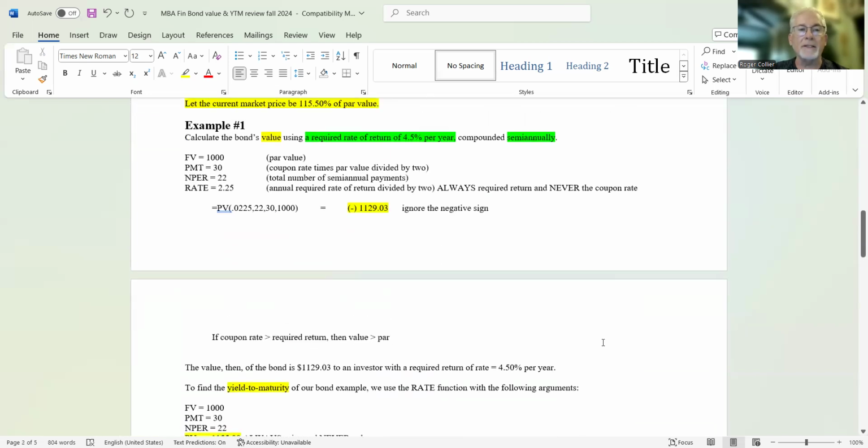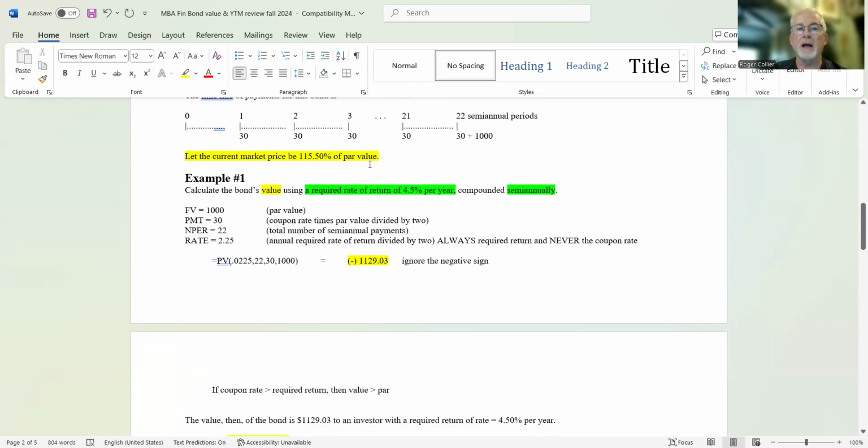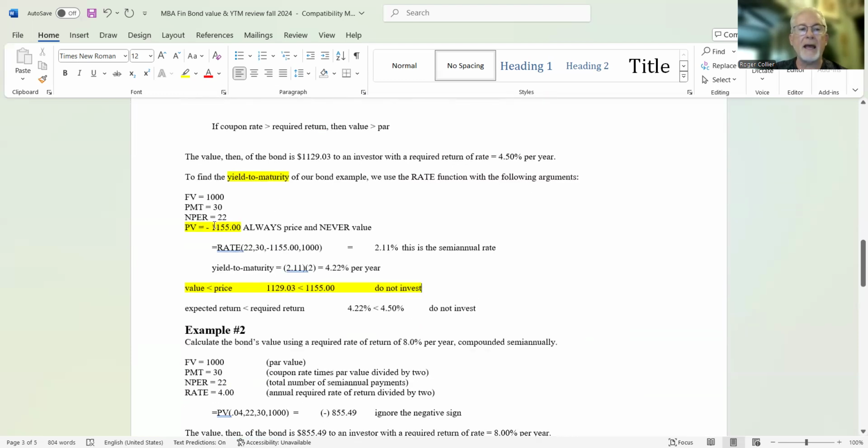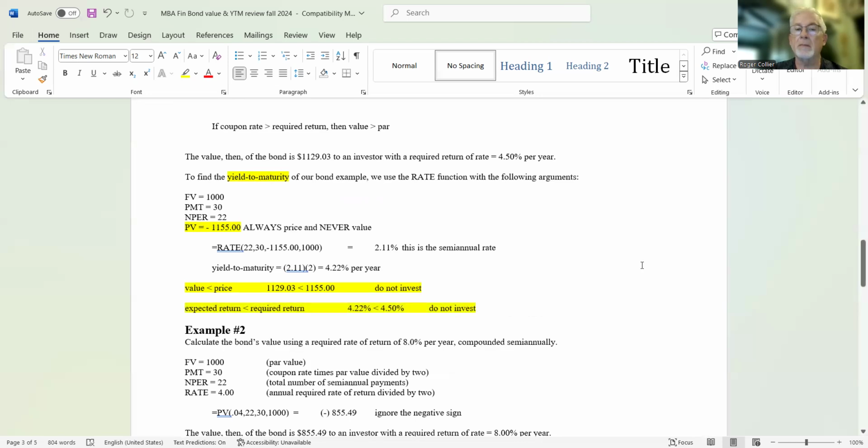Now we took it one step further. I gave you the price, 115.50%. We plugged in that price and calculated yield to maturity or expected return, two ways of saying the same thing. We then compared that expected return to the required return. Expected return is less than we require, so we do not invest.